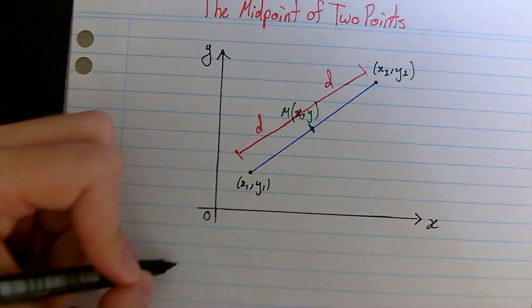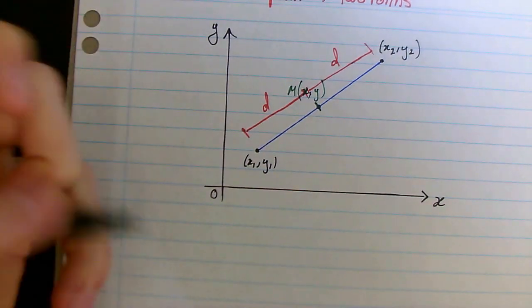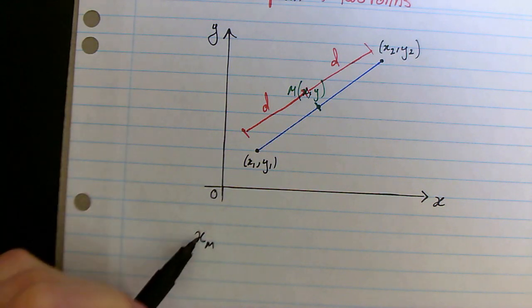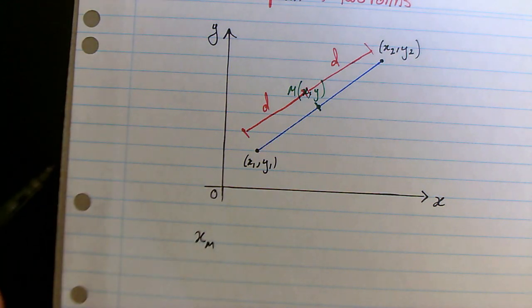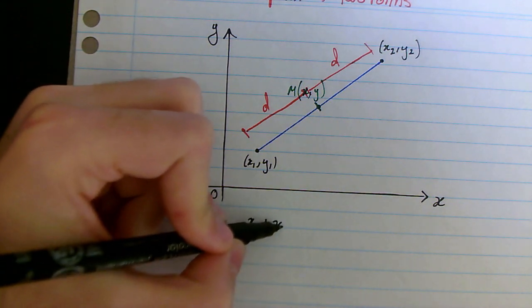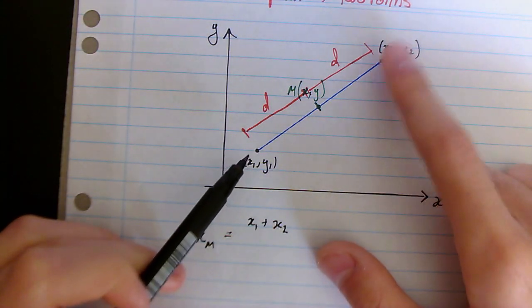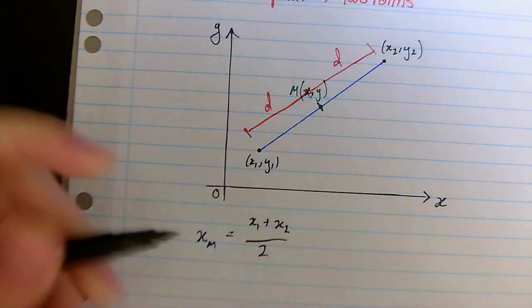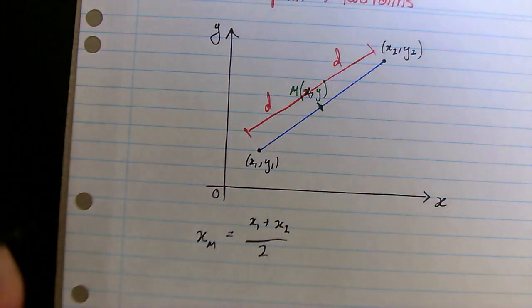So we're going to say that the x coordinate of the midpoint, x subscript m, is equal to x1 plus x2. So we add the two coordinates together and divide it by 2 to take the average. And that's just basically the middle.